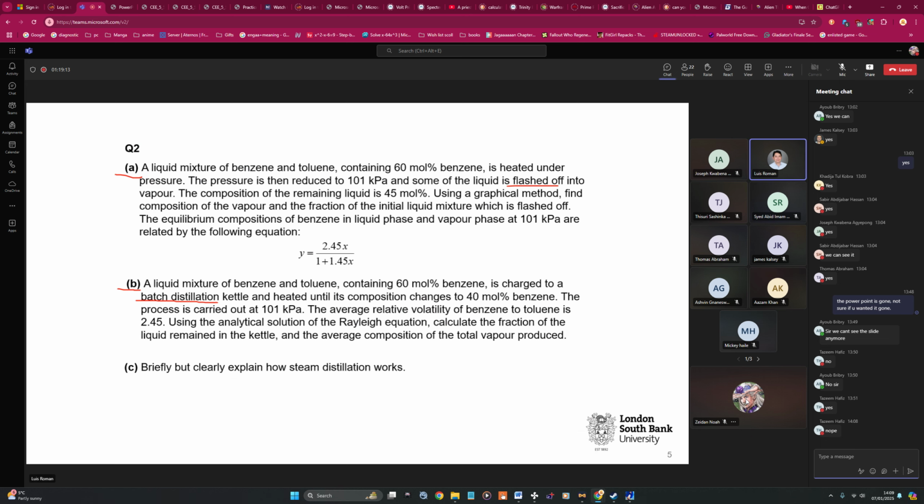Okay, so for question 2, part A, we will have a binary mixture. In our case, we are always dealing with binary mixtures, and you have the composition of one of the compounds. So this mixture enters the flash unit.